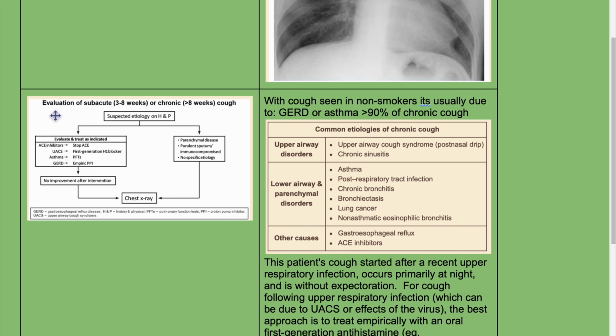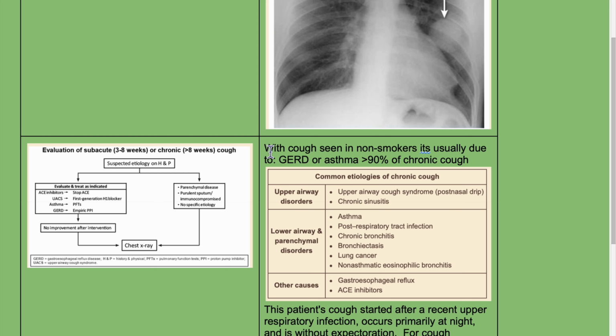Evaluation of subacute, 3 to 8 weeks of... Okay, actually, let's go with this first. Cough seen in non-smokers is usually due to... Oh, okay, so we're talking about subacute or chronic cough. Subacute is 3 to 8 weeks. Chronic is more than 8 weeks or 2 months. With cough seen in non-smokers, it's usually due to GERD or asthma, more than 90% of chronic cough.